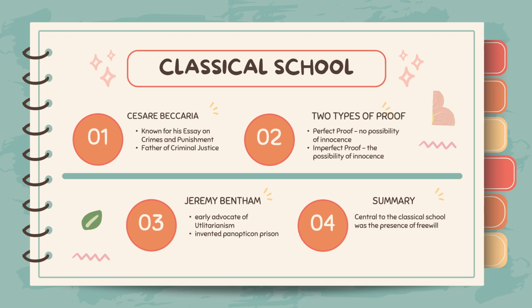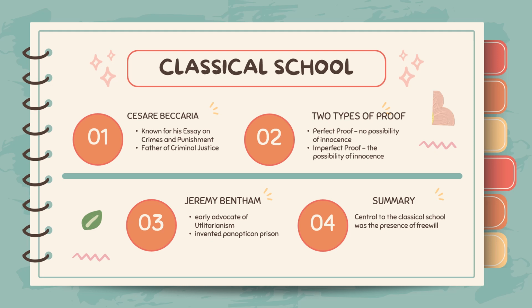And as what I've said, Bentham invented the panopticon prison design, and they have argued also that people have free will to choose how to act. And deterrence is based upon the utilitarian ontological notion of the human being as a hedonist.